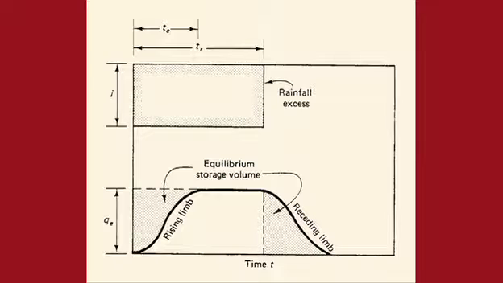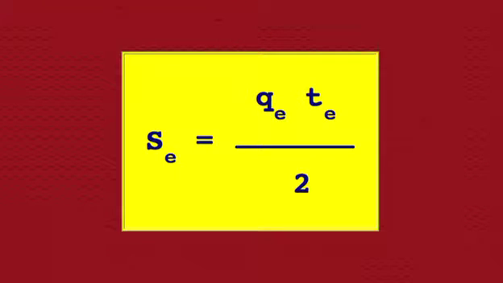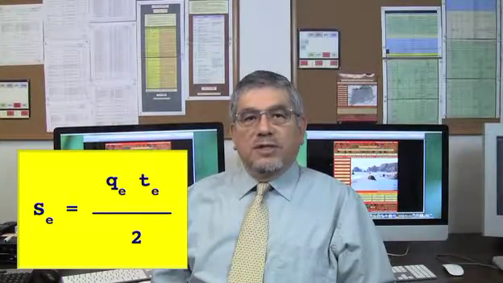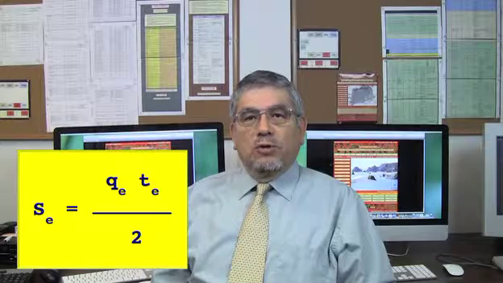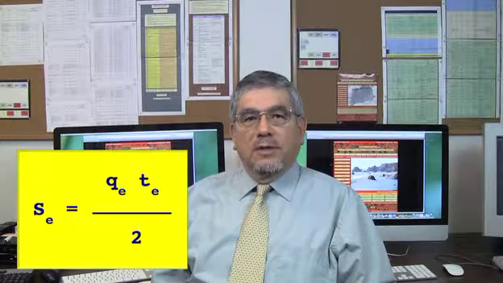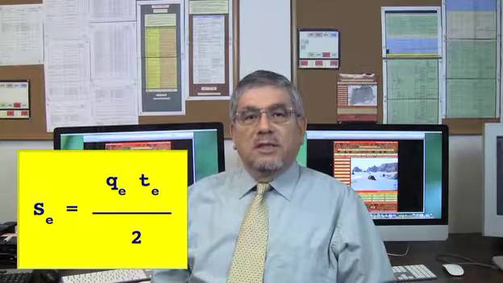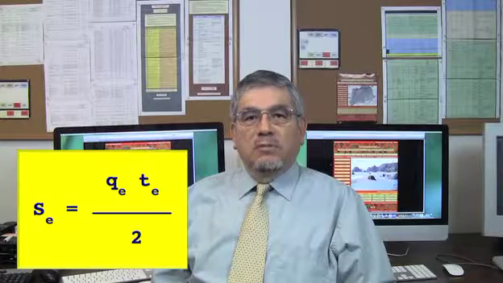As a first approximation, the equilibrium storage volume can be assumed to be equal to an expression in which S sub E is the equilibrium storage volume in liters per meter, Q sub E is the equilibrium outflow in liters per second per meter, and T sub E is the time to equilibrium in seconds.